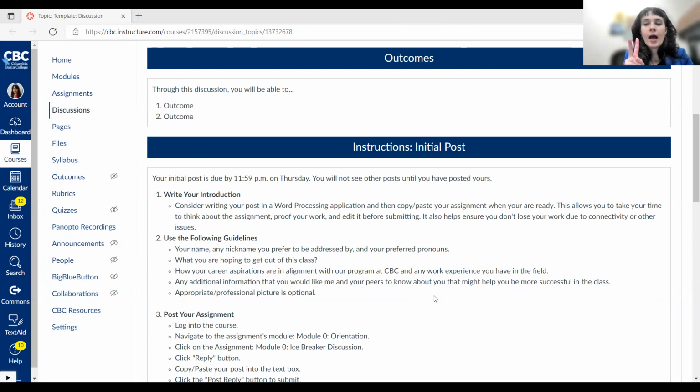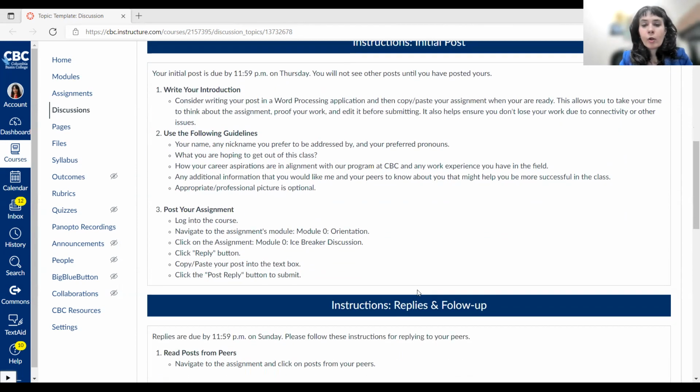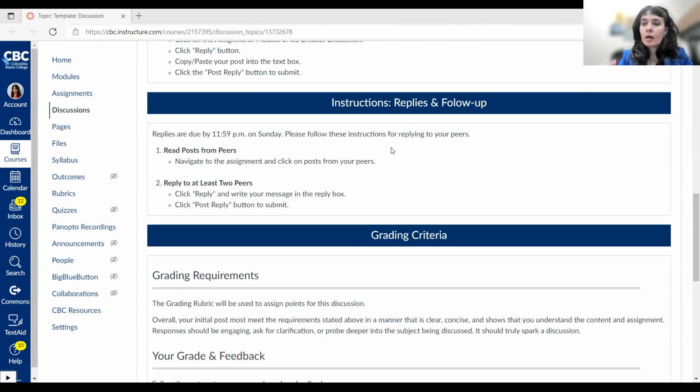That's why you would need to have two due dates. The first one is for the initial post. For example, the initial post is due on Monday at 11 p.m., and then the follow-up is due on Wednesday at 11 p.m. That would give everyone two days to engage in a rich conversation.